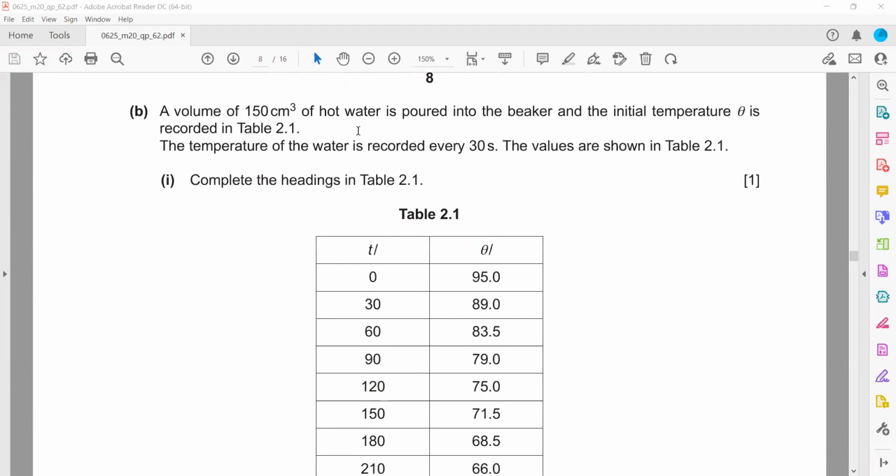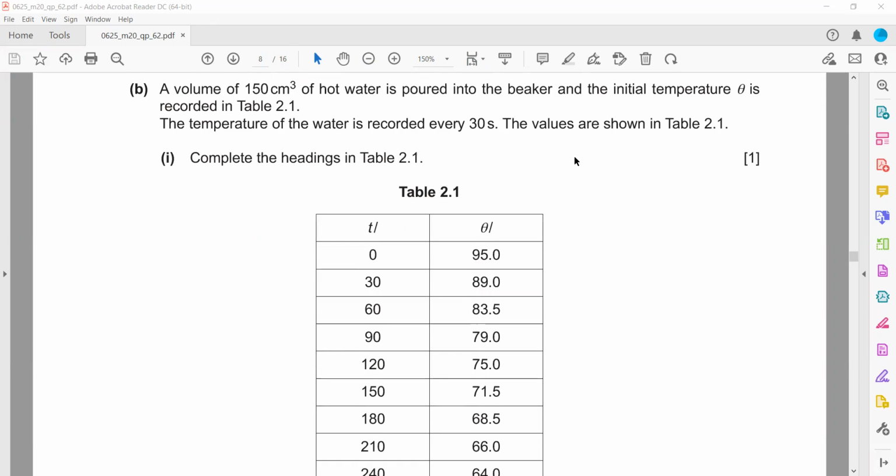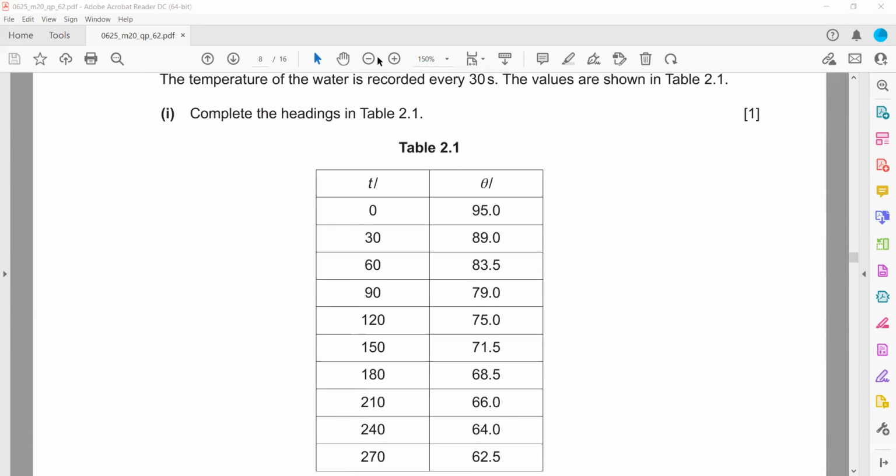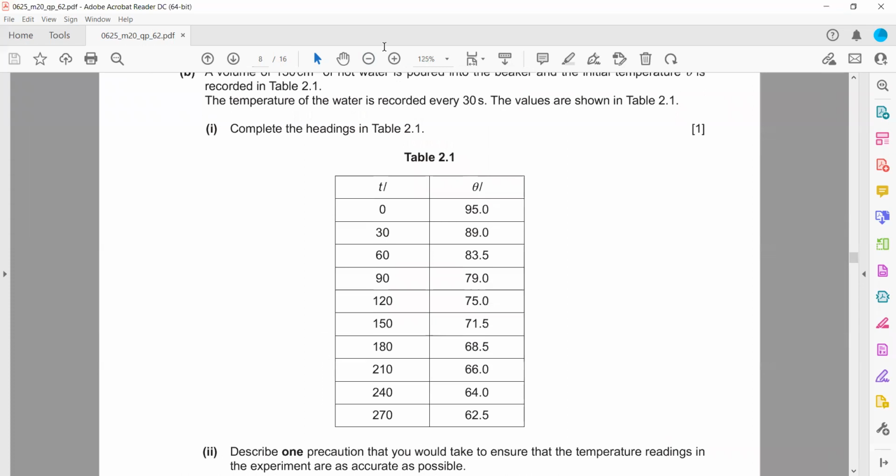Then a volume of 150 cm cube of hot water was poured into a beaker and the initial temperature is measured. Every 30 seconds, the student measures the temperature. Describe one precaution that you should take to ensure that the temperature readings are as accurate as possible.